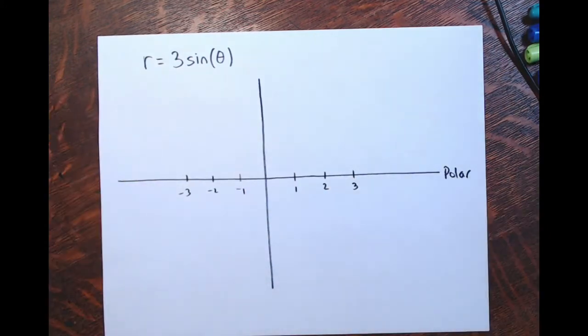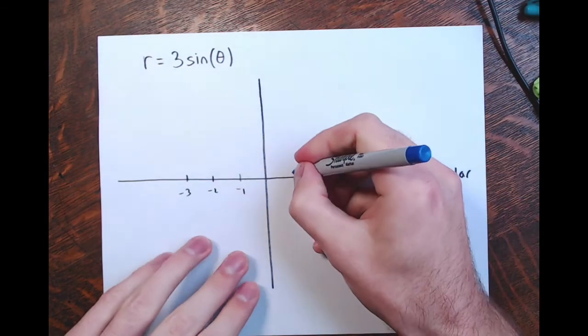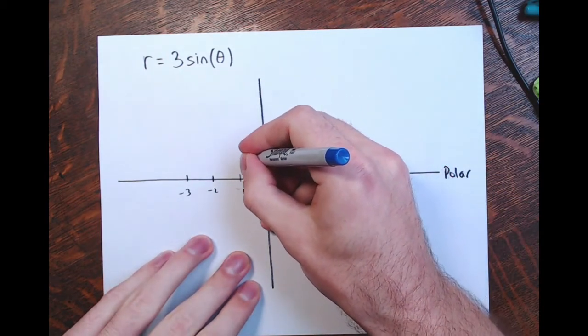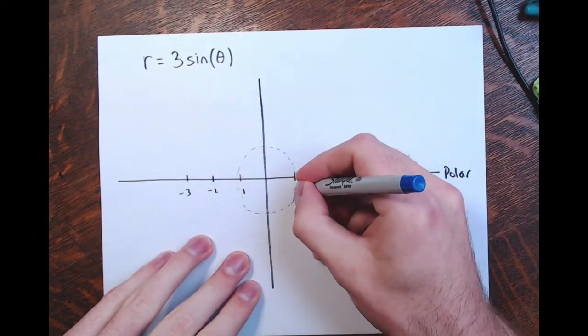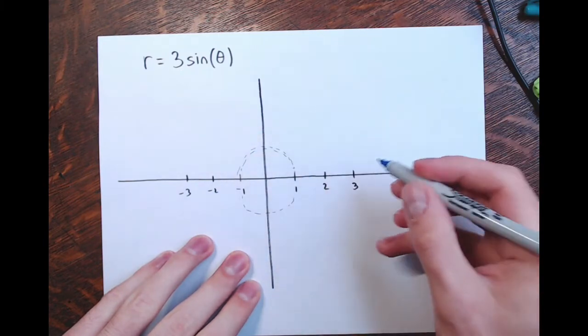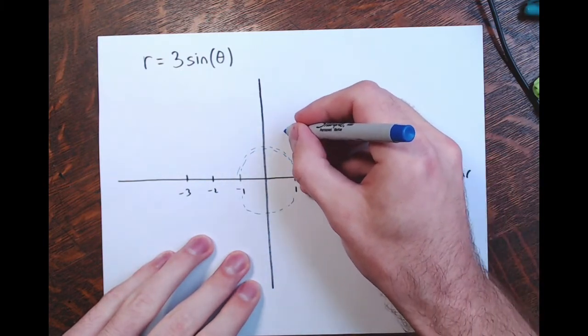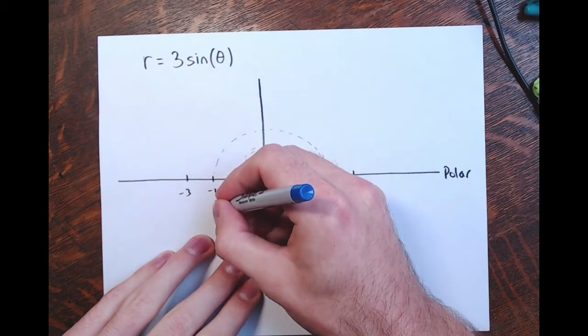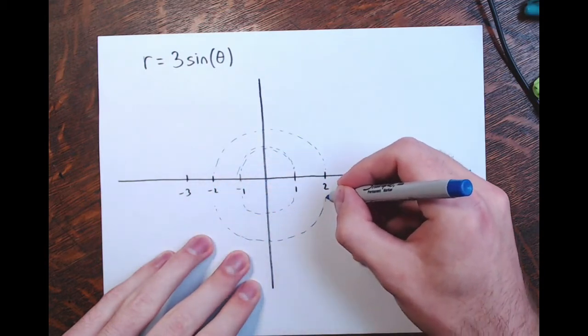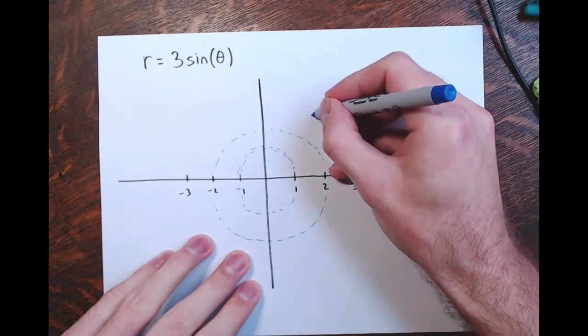And I'll draw those little circles, make again a rough grid. A circle with a radius of 1. This is awful already. Sorry. Alright, and then a circle with a radius of 2. And a circle with a radius of 3 that we're traveling around.